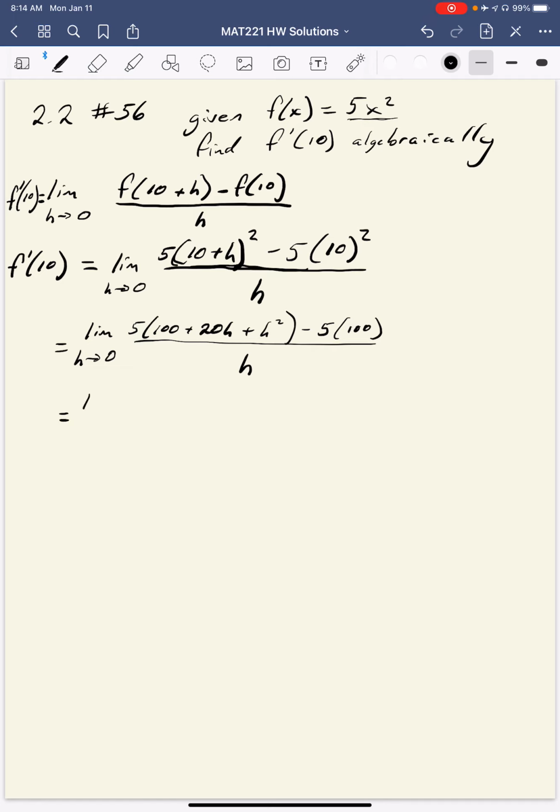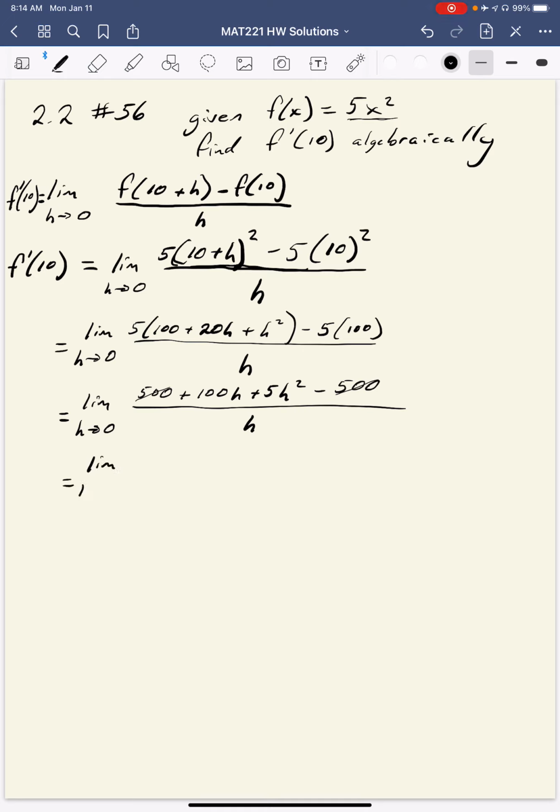So all of that is equal to the limit as h approaches 0 of 500 plus 100h plus 5h squared minus 500 all over h. I'm going to clean this up a little bit. I see that 500 minus 500 would become 0, so that becomes eliminated.